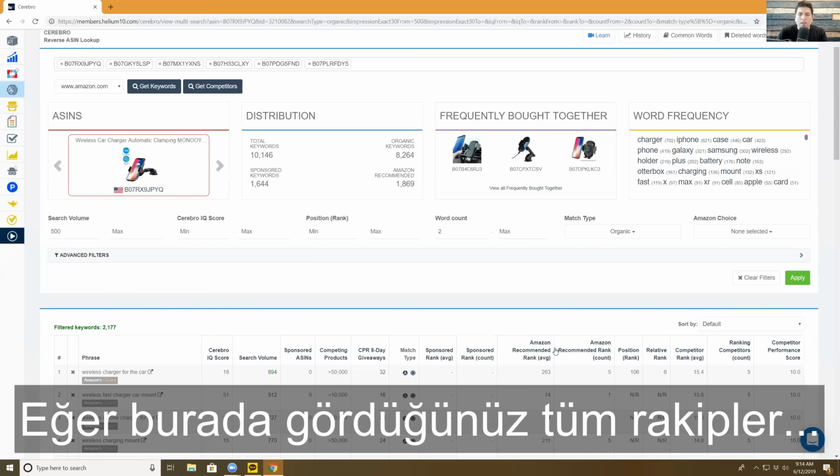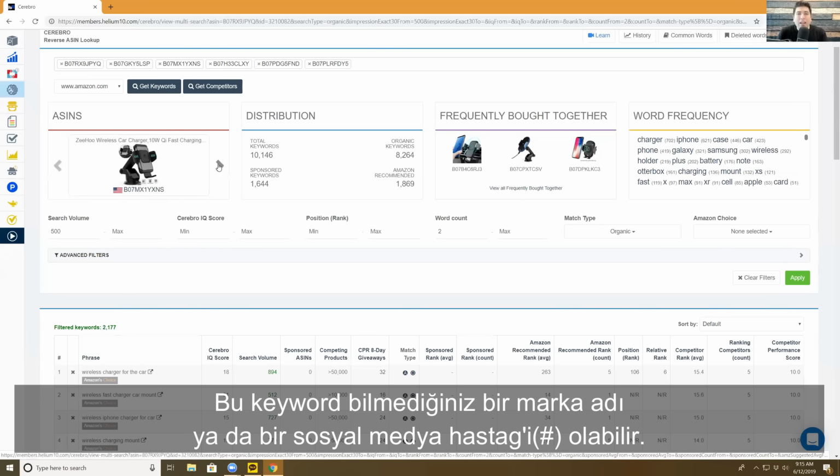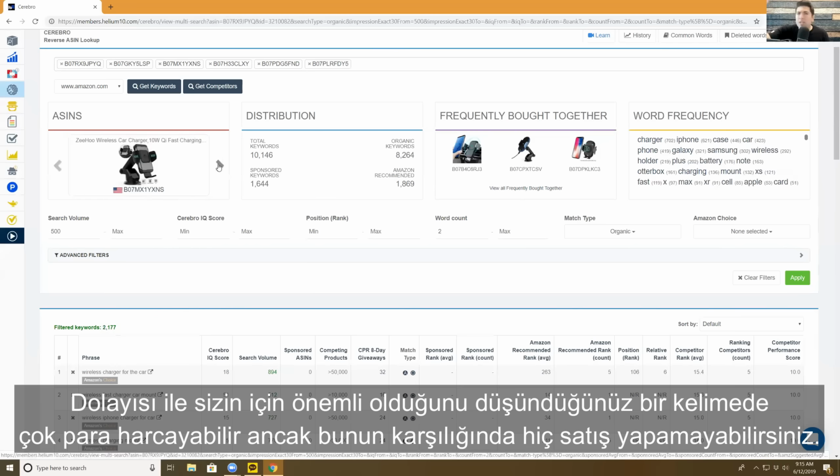Now, here's the thing. If all of those competitors, these ones right here, even if they're ranking for a keyword individually, it could be a keyword that is only relevant to one listing. Maybe it's a brand name that you don't know about, or some kind of hashtag that was on social media, and you're going to spend a lot of money on that keyword because you think it's important to your product, but then you get no sales.